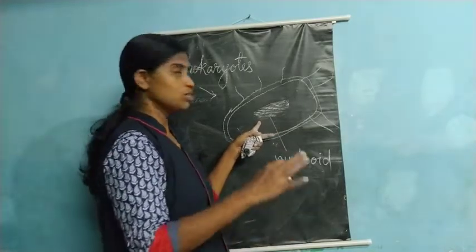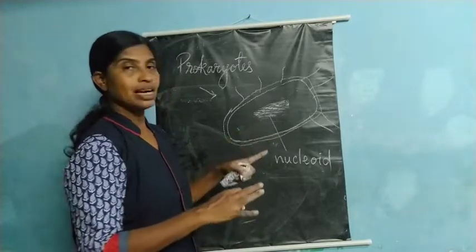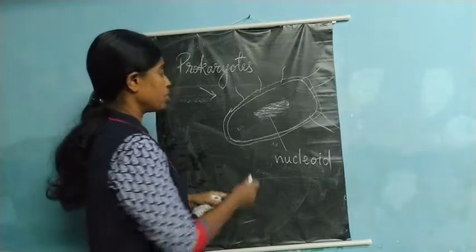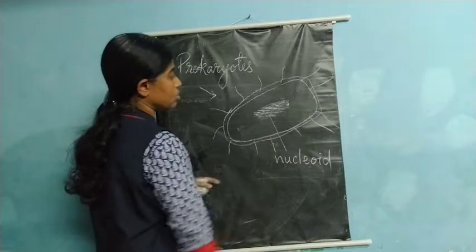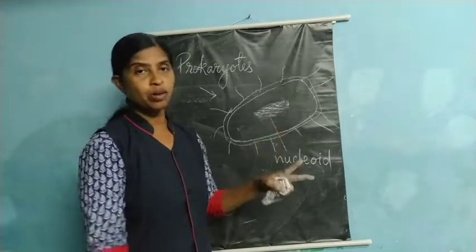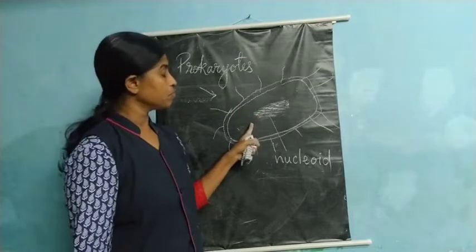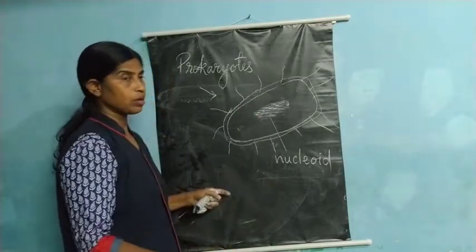That means there is no membrane-bound organelle. Only the chromosome is found in the cytoplasm. Okay, so bacteria are prokaryotes. Understand? Because there is no proper nucleus in the bacteria. And also you can find blue-green algae. These are examples of prokaryotes.